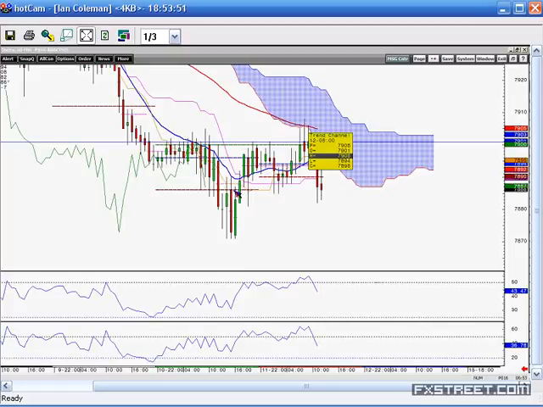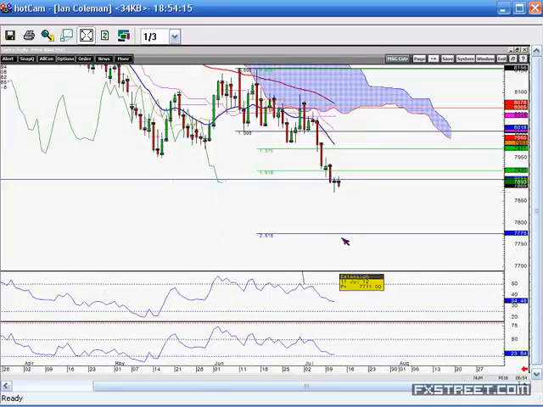It's quite choppy around here, and that doesn't fill me with too much confidence because it looks like a 3-wave correction as opposed to a 5-wave extension. But I've got my stop under here. It's not going to kill me if it trades lower. And then if it does, I'm looking for an extension. I'll look around here to get long again.